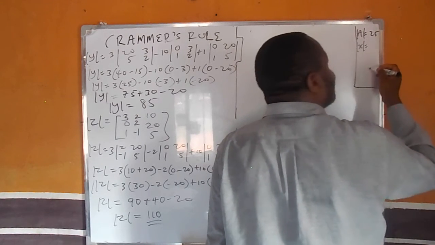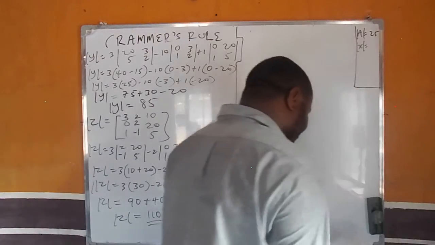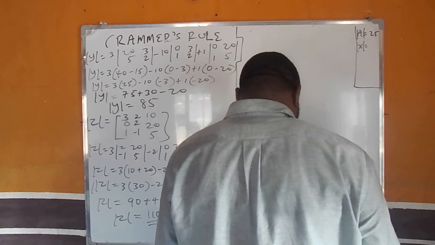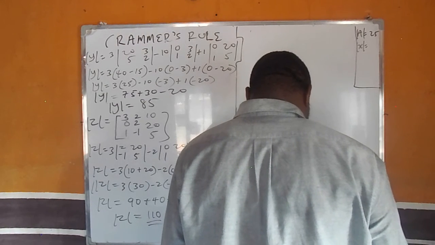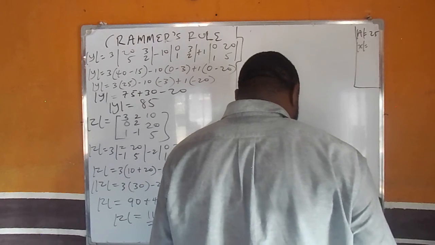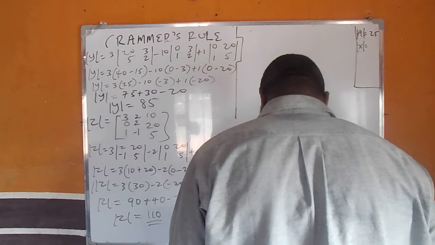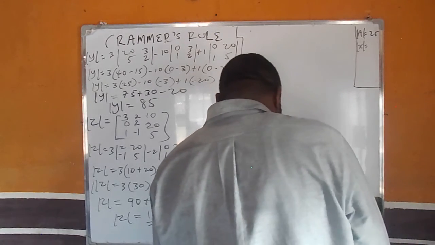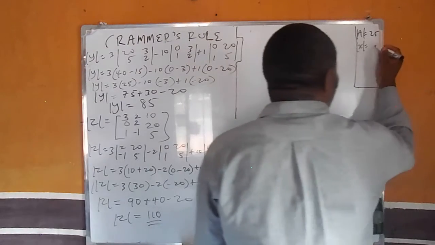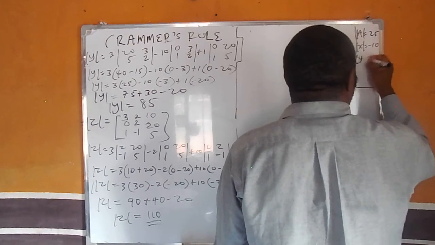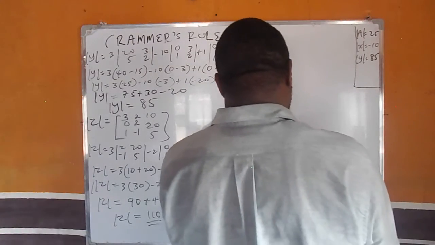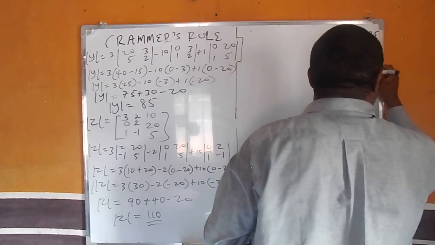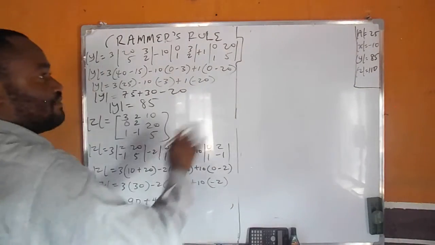The determinant of x equals negative 10, the determinant of y is 85, and the determinant of z is 110, as we have them in the answers we got.